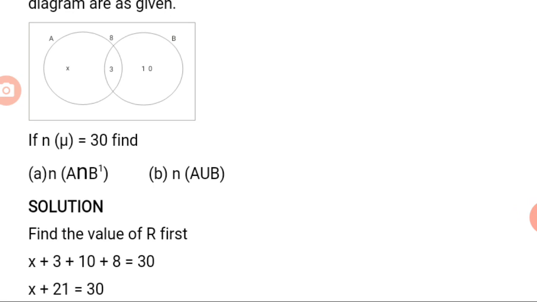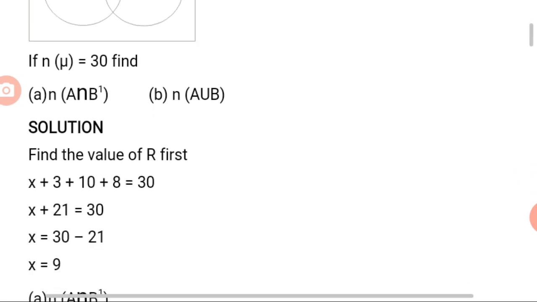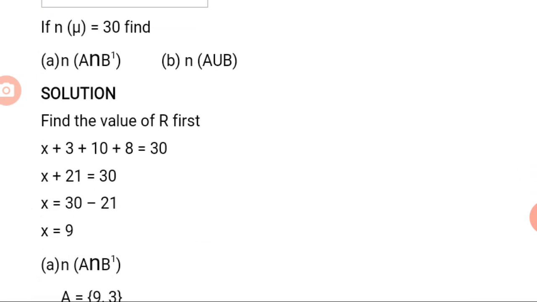You add it, and after adding it, you equalize it to 30. So we now say X plus 21, where 21 is 3 plus 10 plus 8, exactly equals 30.